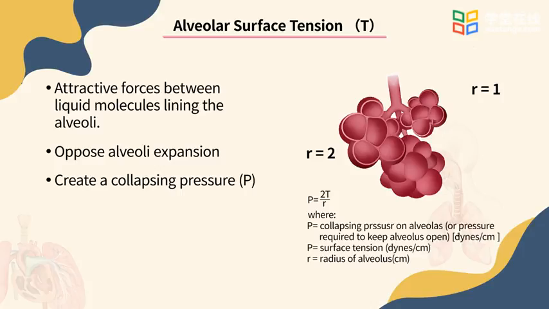So, if the surface tension is the same in these two alveoli, the collapsing pressure in the small one is 4 times the pressure in the big one. The air in the small one will be pushed to the big one, and the small one will collapse.